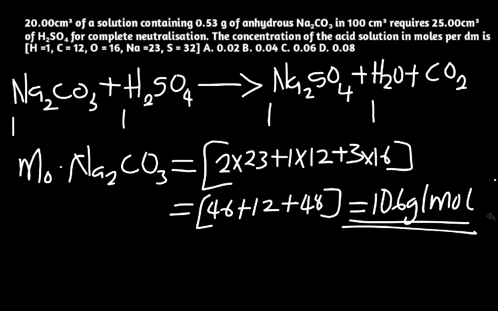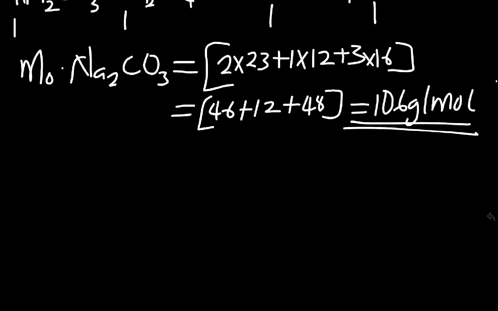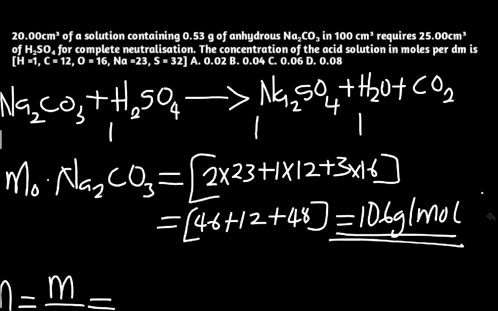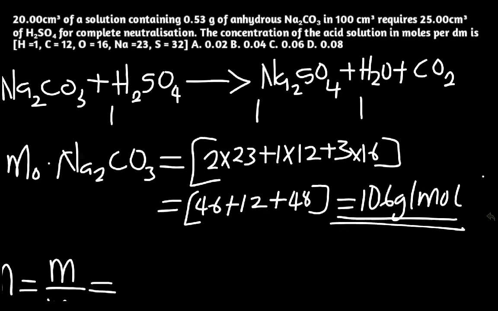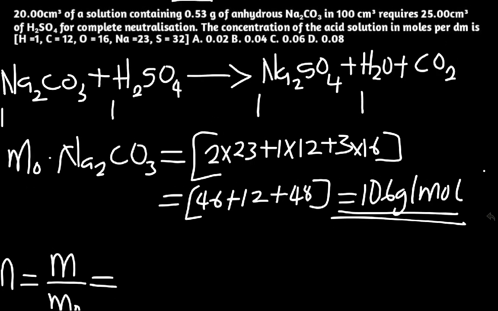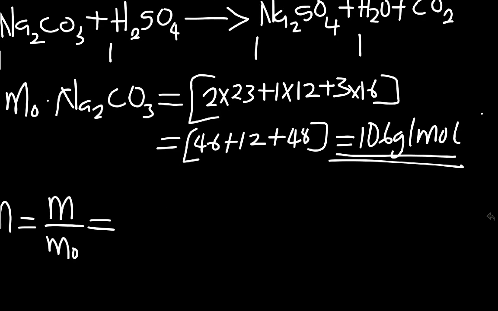The third step is to solve for the mole of sodium trioxocarbonate(IV). To solve for the mole, we'll use mass over the molar mass we just solved, which is 106. From our equation, the mass was given to be 0.53, so we'll make use of that here.